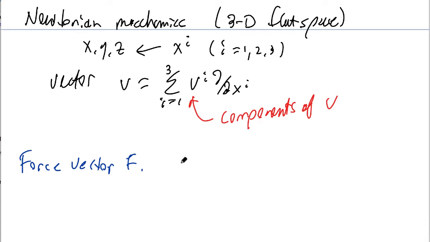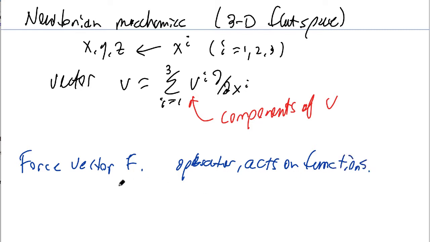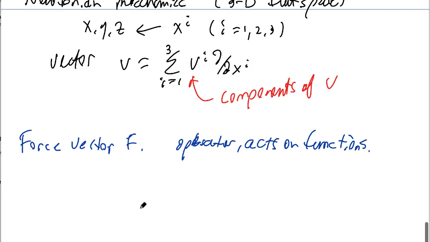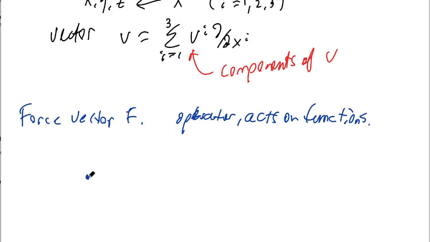All right, this is a derivative operator, so it acts on functions. So how do we interpret this as a force? So let's say the force acts at some point here in space. Well, this acts on a function, so let's take a function, say, call it phi. And phi is defined in the vicinity of this point.